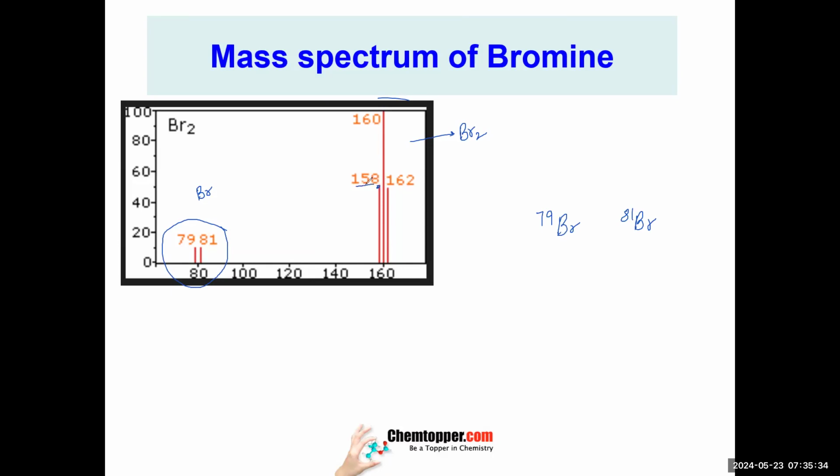This signal is due to bromine 79 with bromine 79. This signal, 158, is the Br2 molecular signal. The second one is bromine 79 with bromine 81, and that is Br2 with atomic mass of 160.